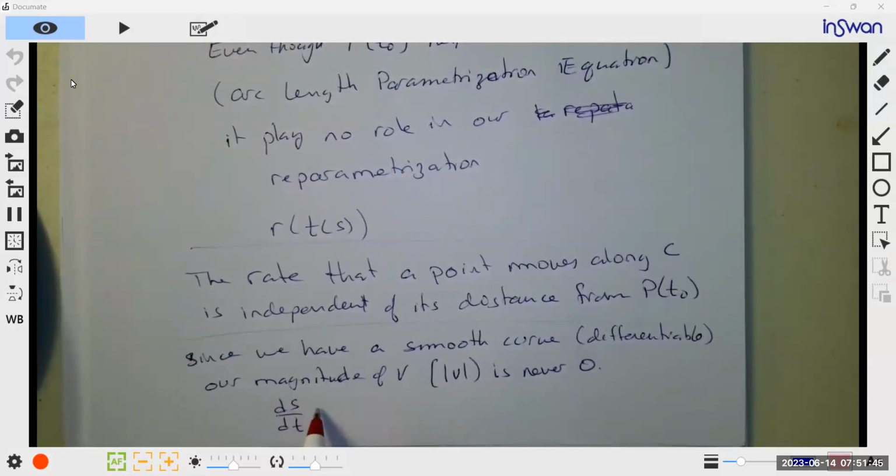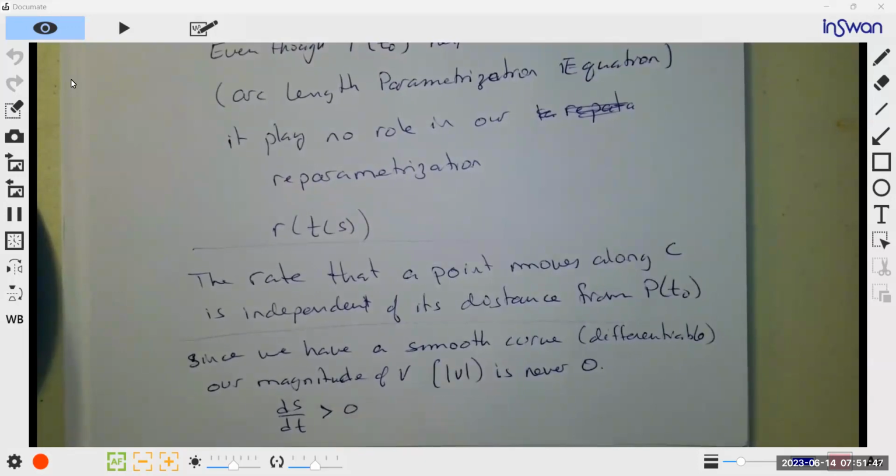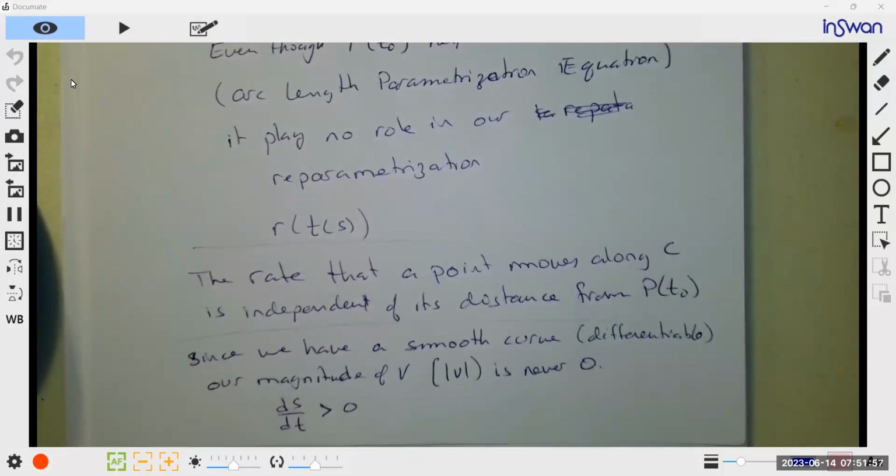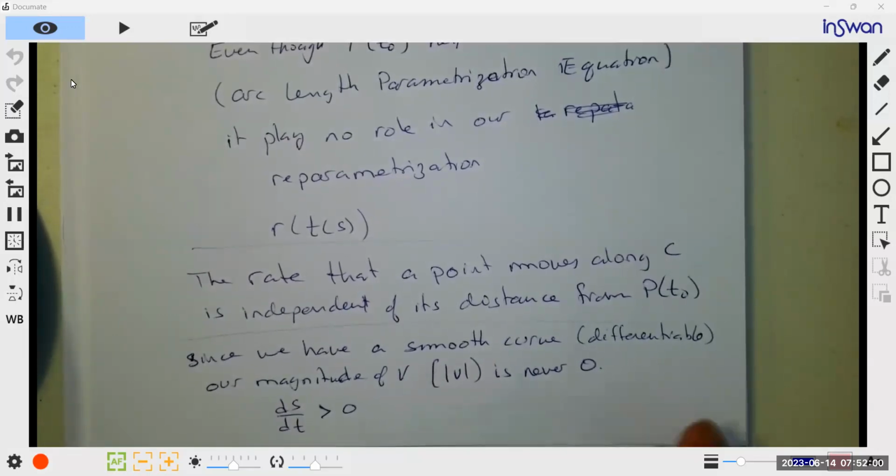Because it's differentiable, our derivative of S is always positive. We could say it's an increasing function, but again, it all depends on the direction of integration.